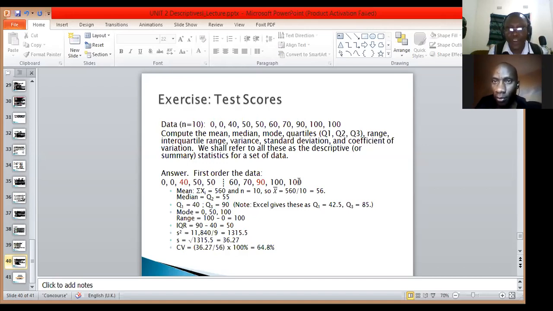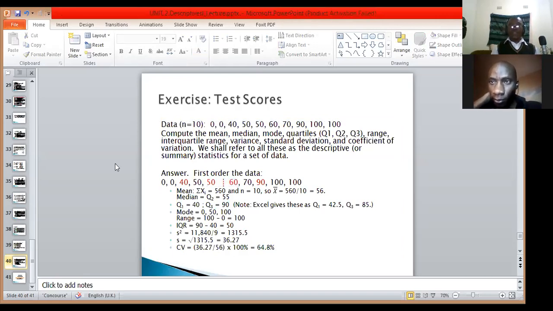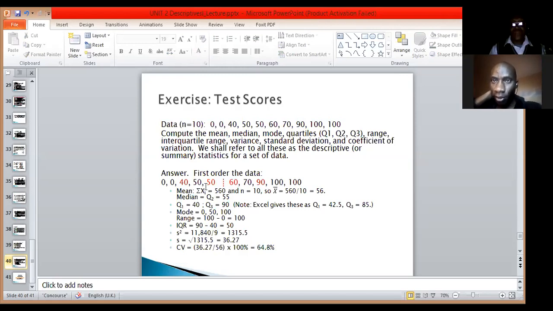So our median is sitting between 50 and 60.